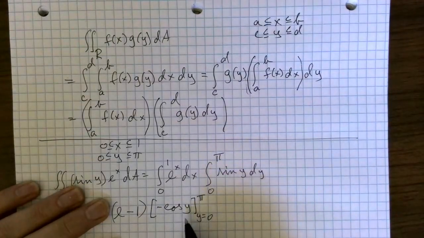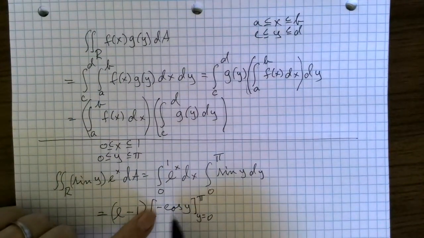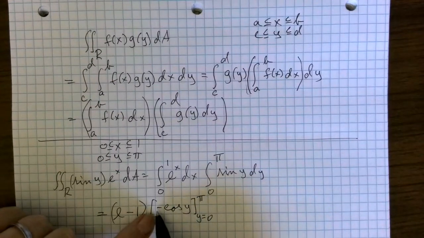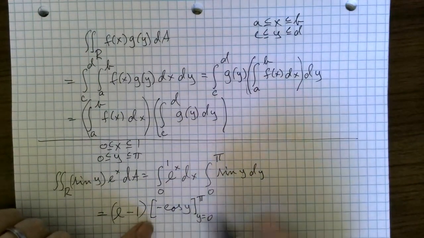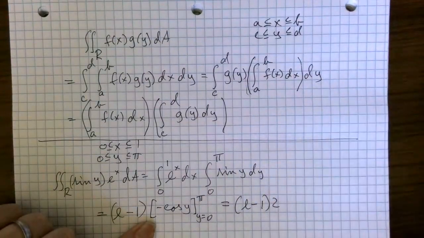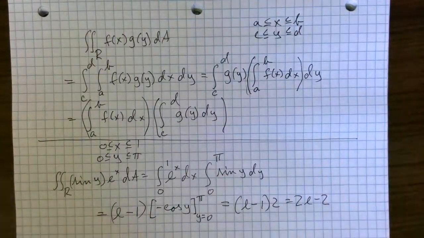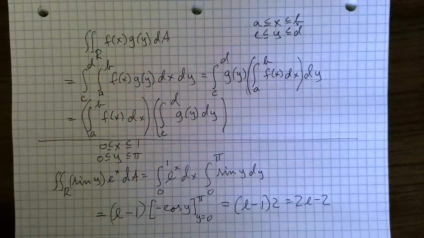So I evaluate this at pi. Cosine of pi is minus 1, so minus cosine pi gives 1, and then I'm subtracting minus 1, so adding. So this is 2. So this is e minus 1 times 2, or maybe 2e minus 2. Okay, that might be a little easier to compute.